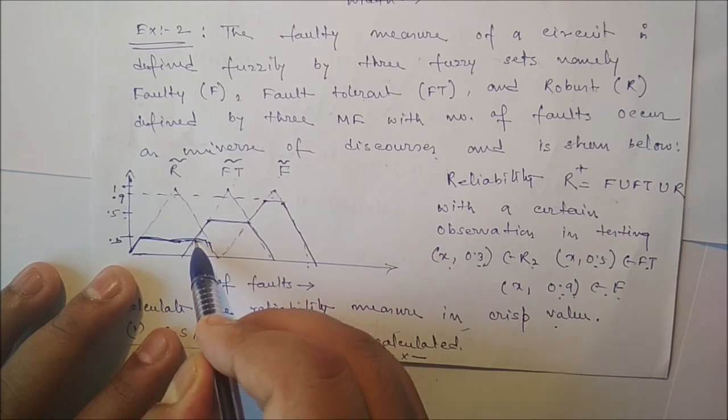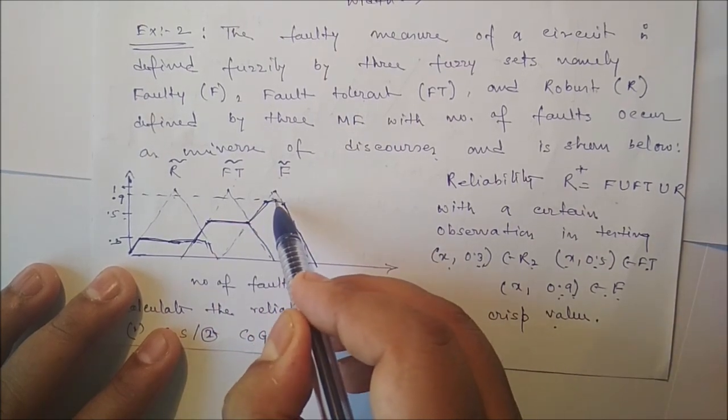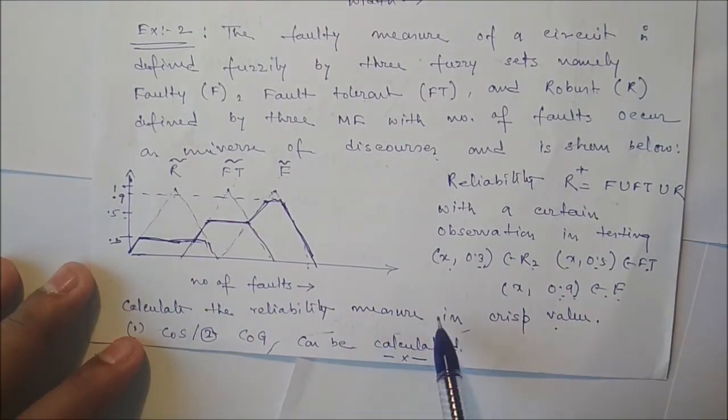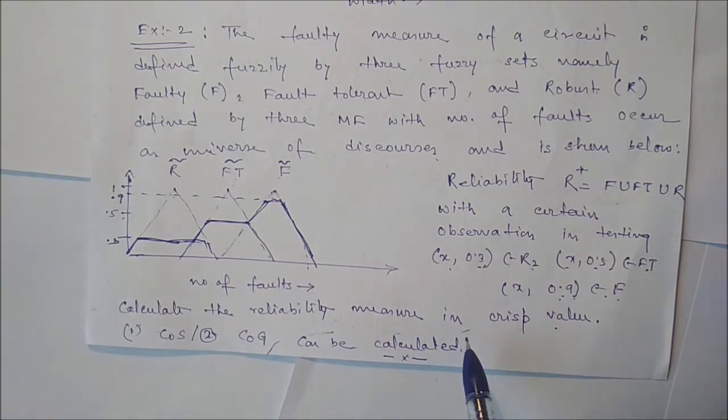So we have to identify the crisp value from these fuzzy sets. Calculate the reliability measure as a crisp value. We may use the center of sum method, the center of gravity method, the maximum method, and so on, and that value indicates the reliability as a crisp value.